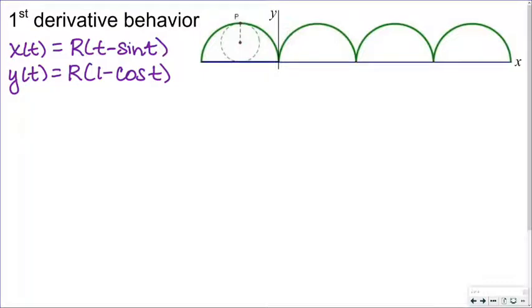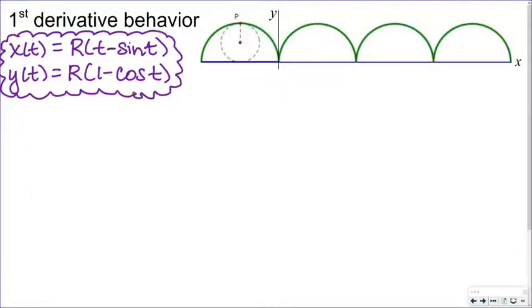So these are the equations that we came up with to represent this cycloid. Let's confirm that the equations support the critical features of this graph. So let's start with first derivative behavior.